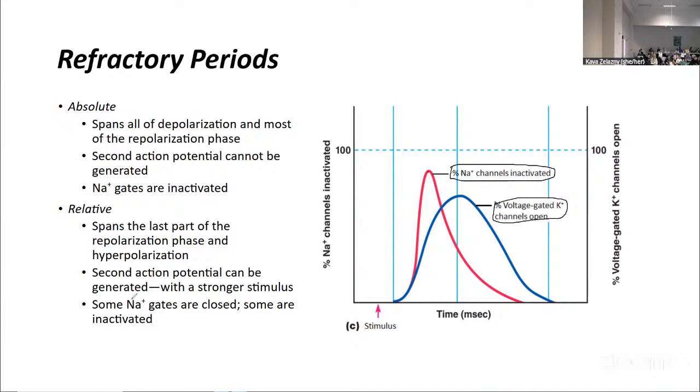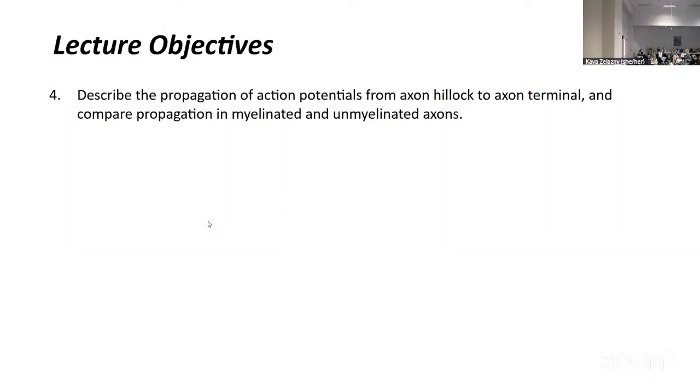And some of those sodium channels have reset and are able to reopen. Not all of them, some of them are still inactive. It's going to take a little bit of time for all of them to reset, but enough of them have reset that it's potentially possible to fire off a second action potential. Okay. So we're going to stop there and we'll talk about propagation next time.